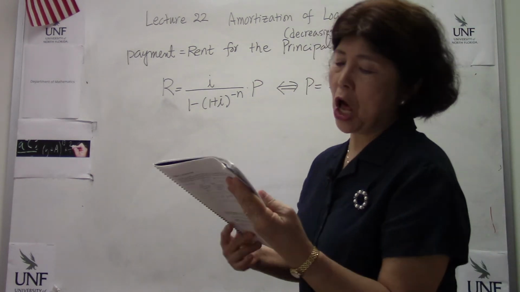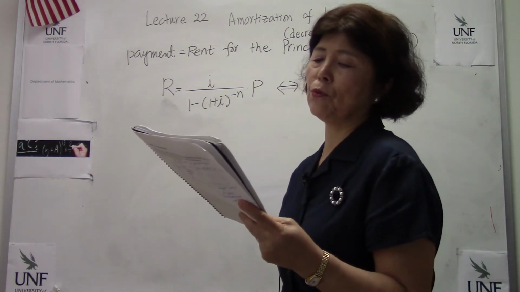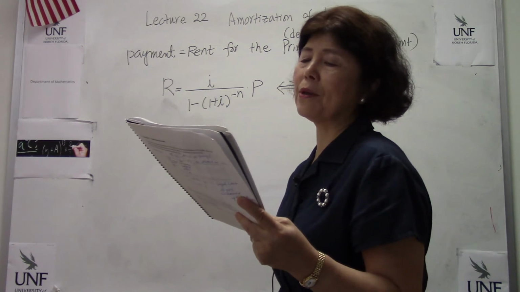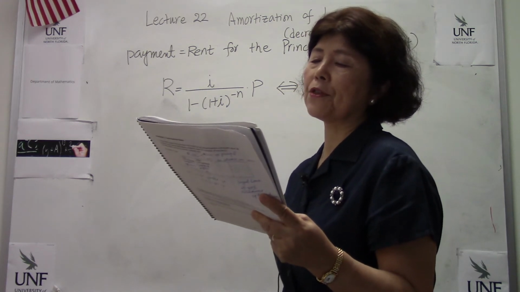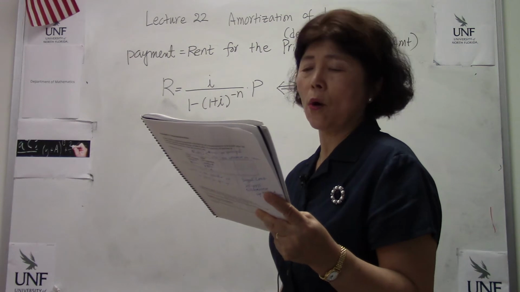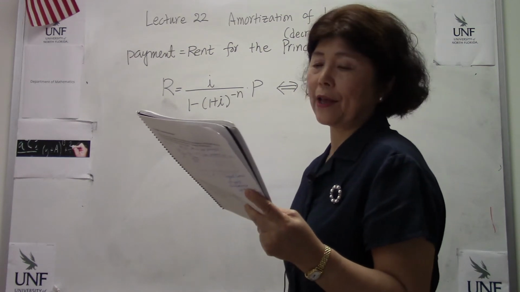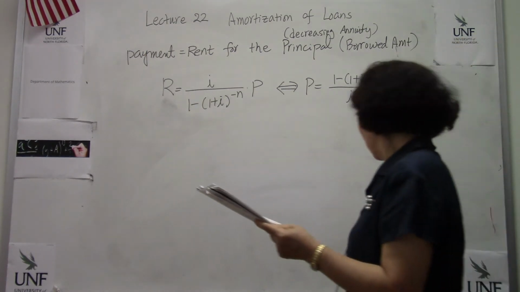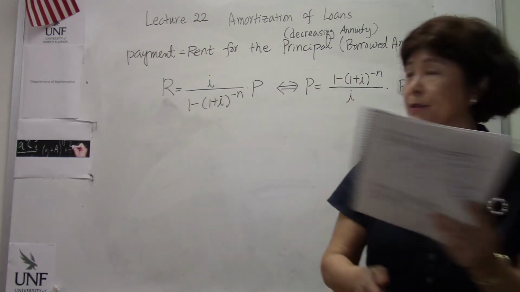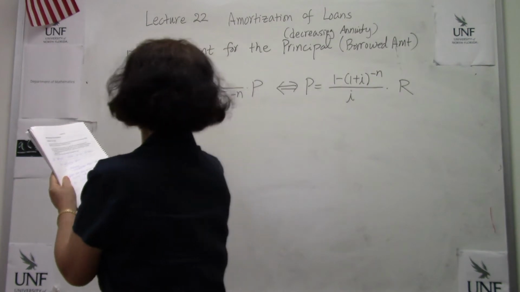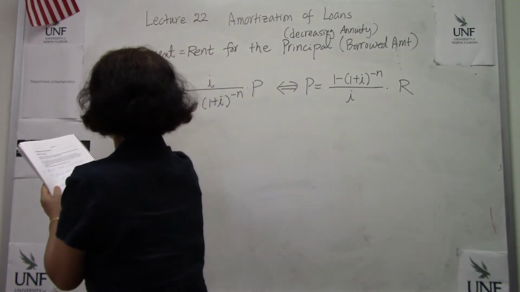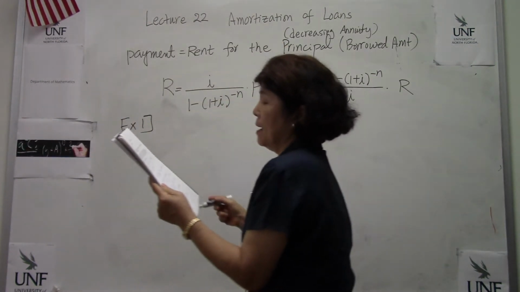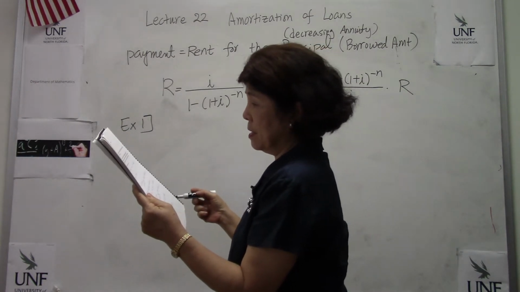Example 1, car loan. In a recent year, Ford was offering a choice of 1.9% loan for 36 months or $1,000 cash back on the purchase of a $28,000 Taurus. Okay, it's a good scenario. So let's go car shopping over here, and you want to buy a Ford Taurus.